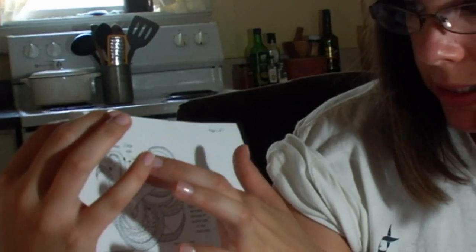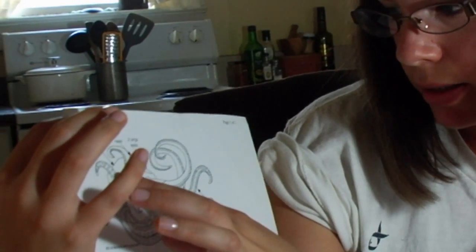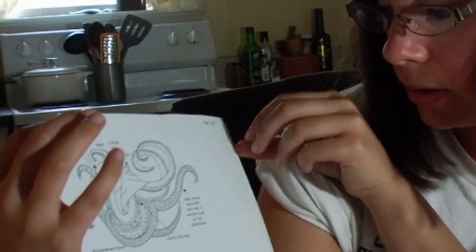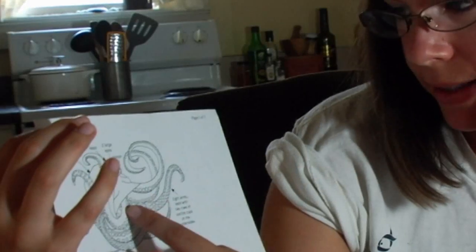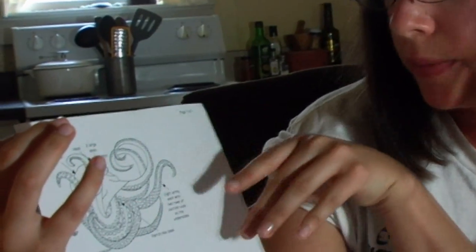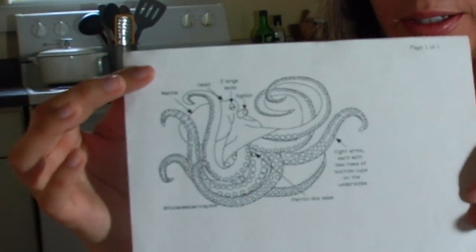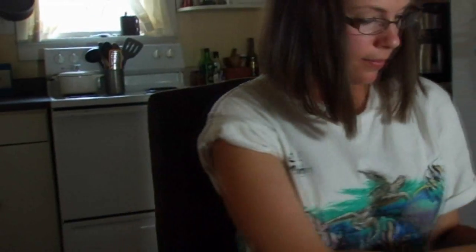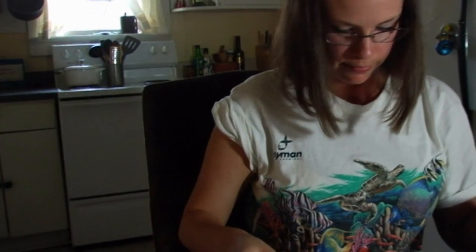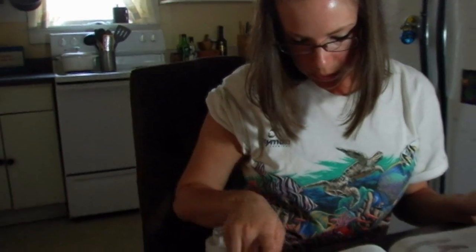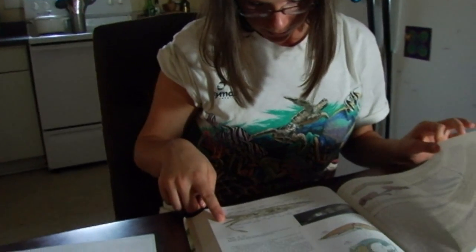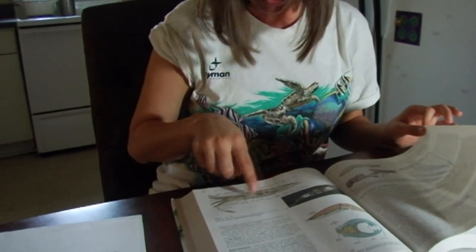This is his body sac. His heart and everything are in there. His digestive tract. His mouth is down here. So, there's your cephalopod. And it shows the inside of a squid and all of his little complex body parts.